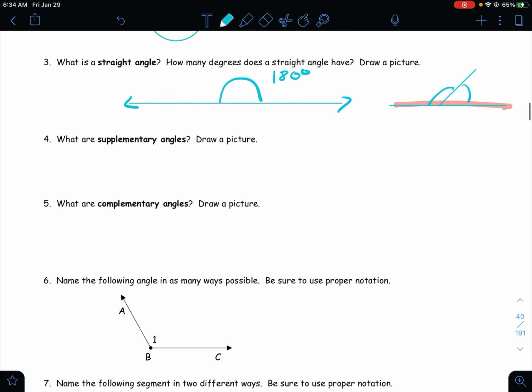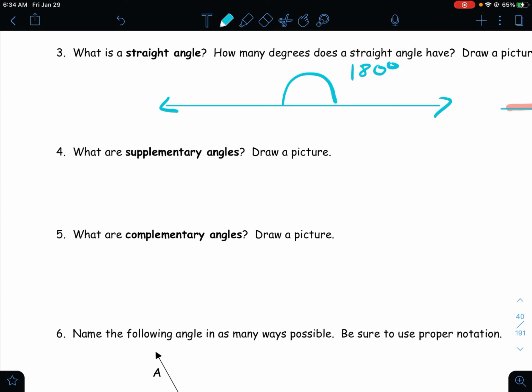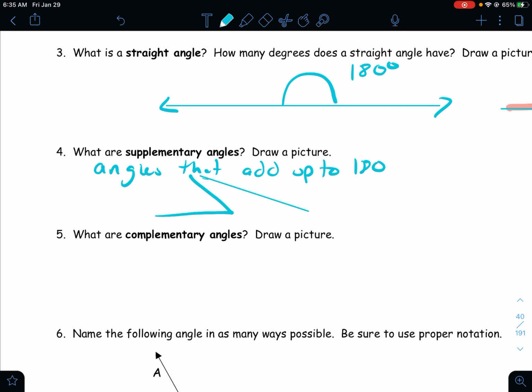What are supplementary angles? So supplementary angles are angles that add up to 180. So we could say, I don't know, we'll do 30 and 150. Those would add up to 180.